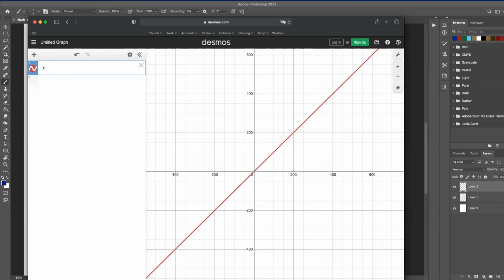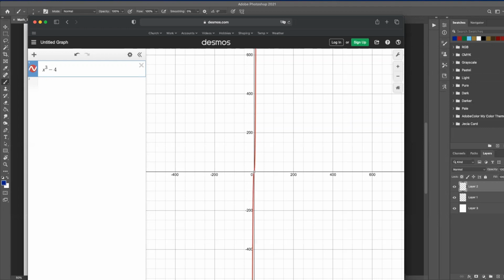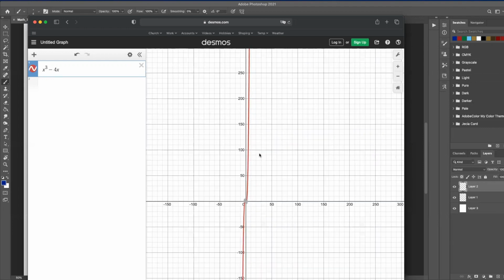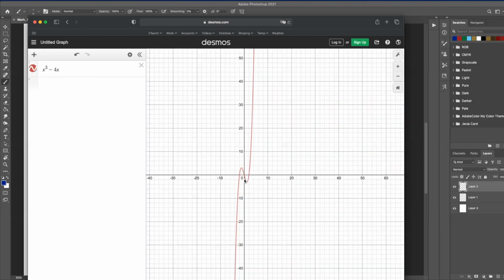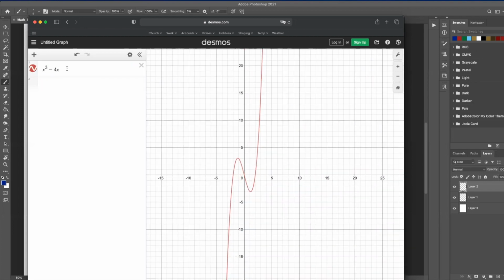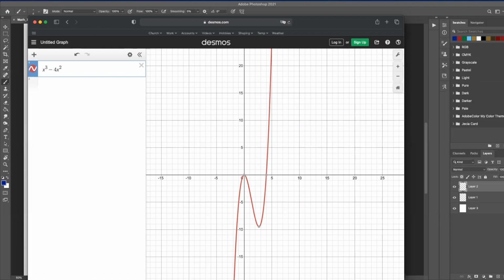So here, if I have x cubed minus 4x squared plus x minus 4.